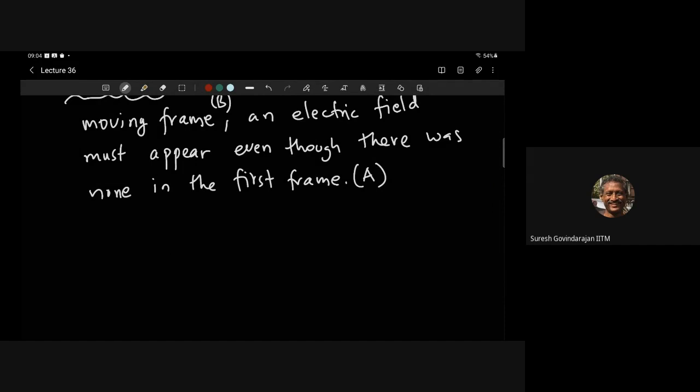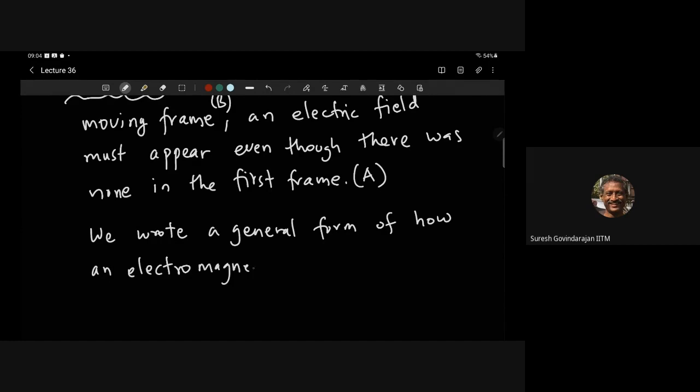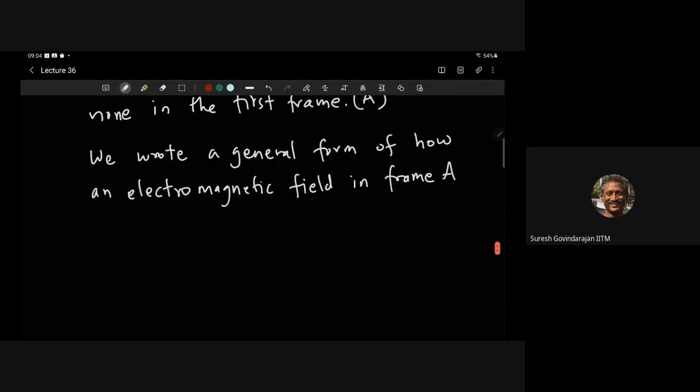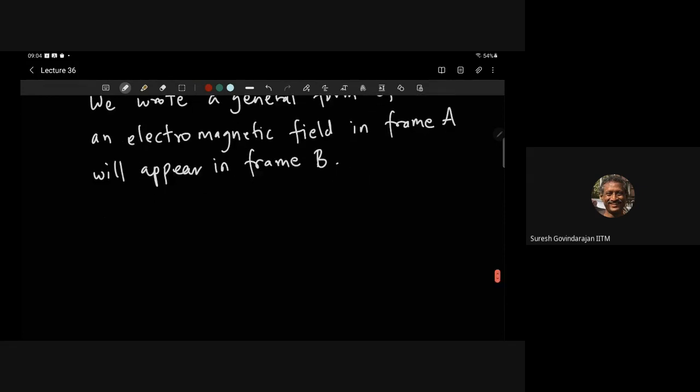We wrote out a general form of how an electromagnetic field in frame A will appear in frame B. All frames are inertial frames, mutually inertial. We use primed for B and unprimed for A.